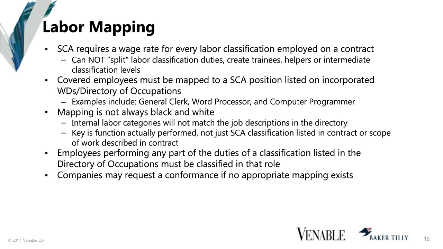But once the contract performs and they start performing duties that fall within the description of general clerk level 2 or level 3, then they are a level 2 clerk or a level 3 clerk for SCA purposes, and you have to pay them that higher wage.